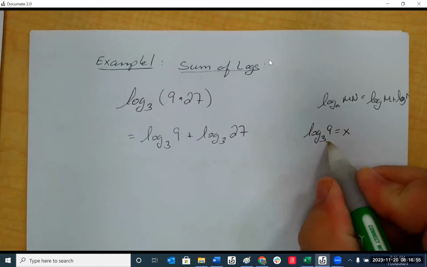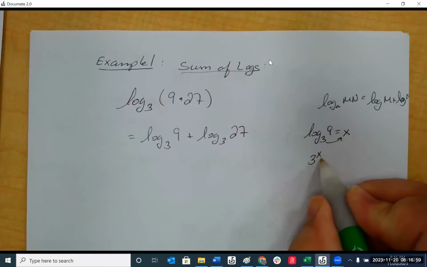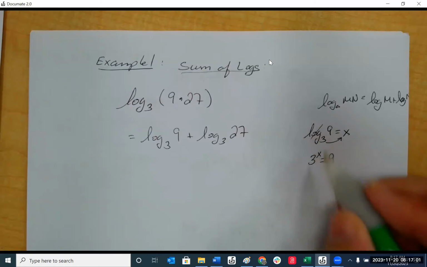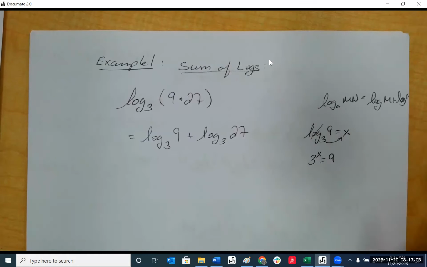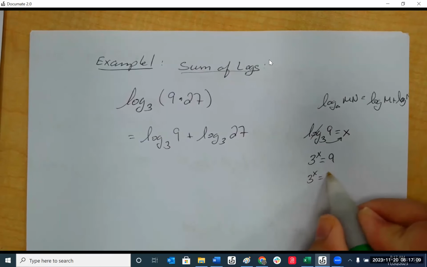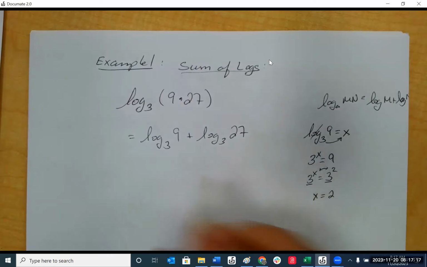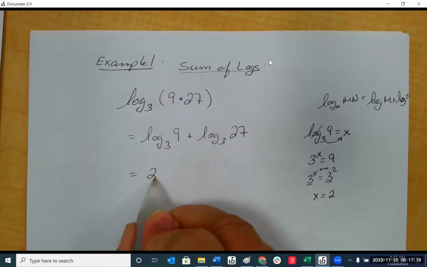Converted to exponentials, that becomes 3 to the x equals 9, because the log drops off. 9 is 3 times 3, so it's 3 squared. Since the bases are the same, the exponents have to be equal. So x equals 2. So this first one equals 2.